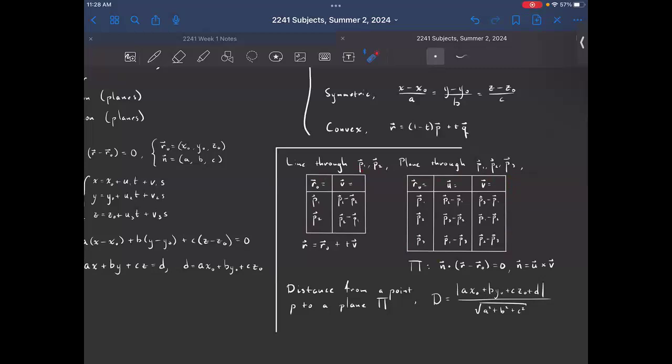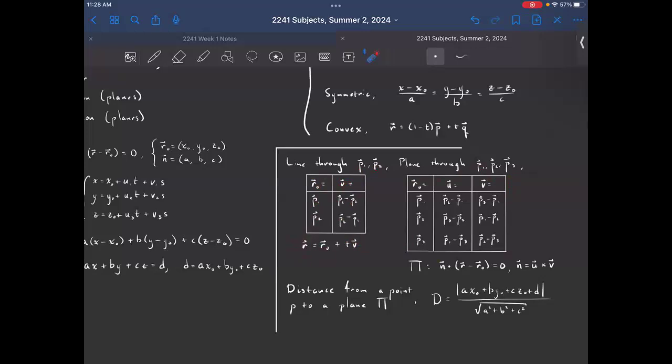So given points P1 and P2, you just choose one of them to be r0, your starting point, and then v will be the difference between those two points, because if they're on the line, then all of the points in between them should be on the line, and thus the vector pointing from one to the other should be on the line. And then that's your v, and you write down the vector equation, or the vector formula.